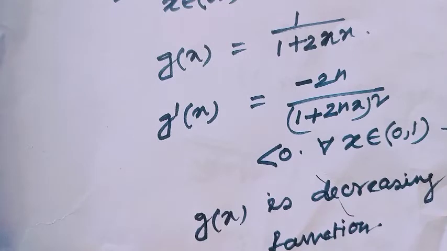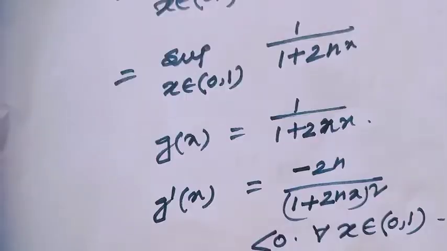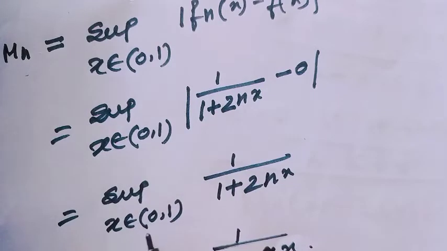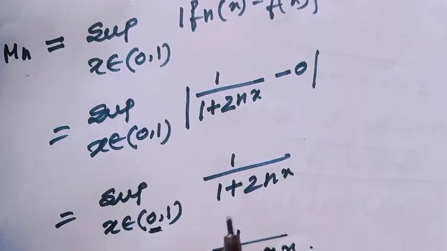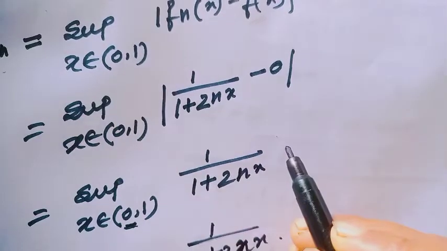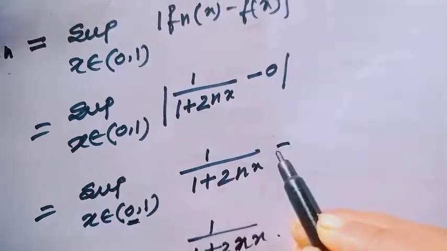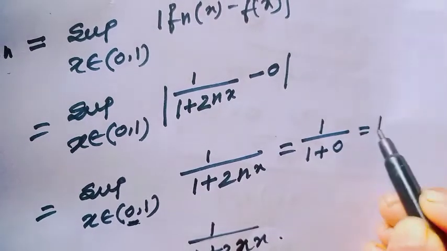Since g(x) is a decreasing function, the supremum exists only at the point 0. At the point 0, this supremum value would be 1 over 1 plus 0, which is equal to 1.